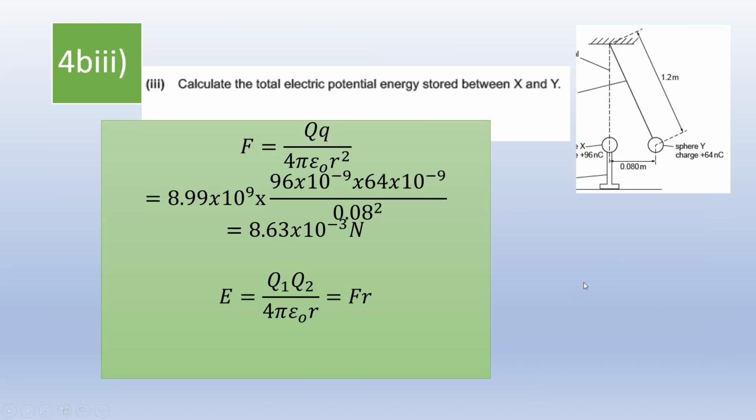If not, you can work it out using this formula. I prefer this: F times R is equal to E. Then put in your F value, put in your R value, and calculate.